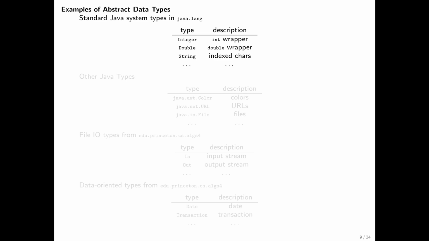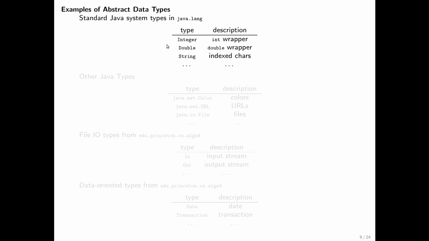It provides a way of going back and forth between the primitive types and reference types. So Integer with a capital I wraps primitive int, Double with a capital D wraps the primitive double, and so on. And then there is also the String data type, which represents a sequence of characters.